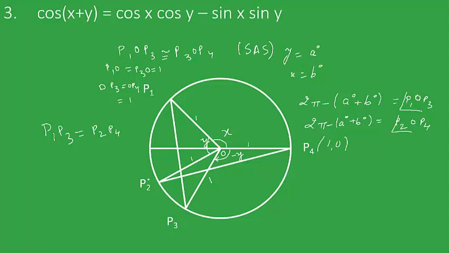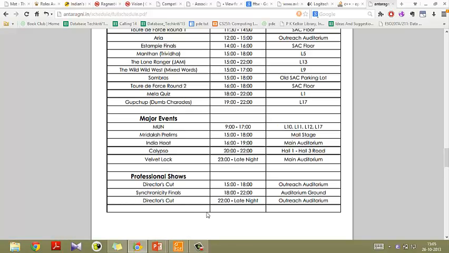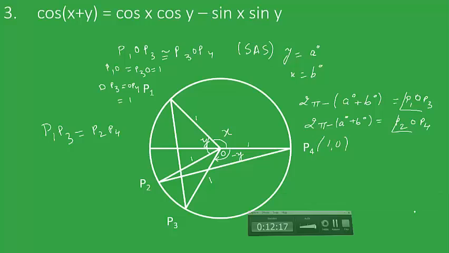So let's try to find out what these sides are. Let's find P1 P3 by the distance formula.